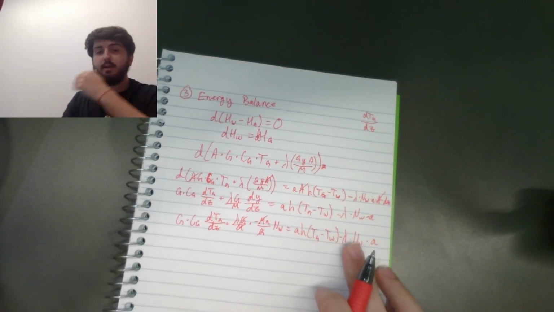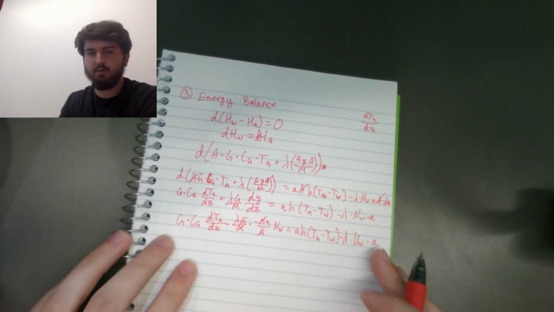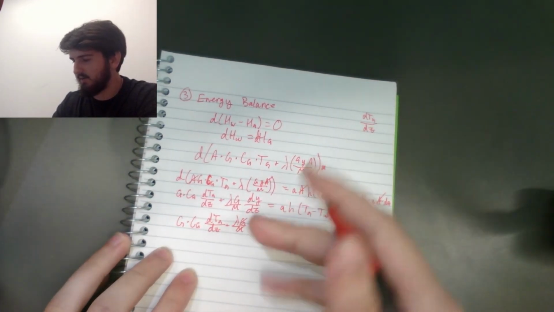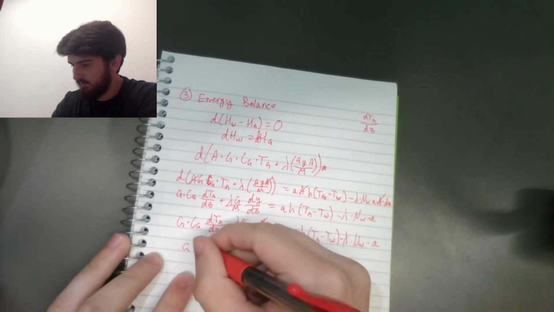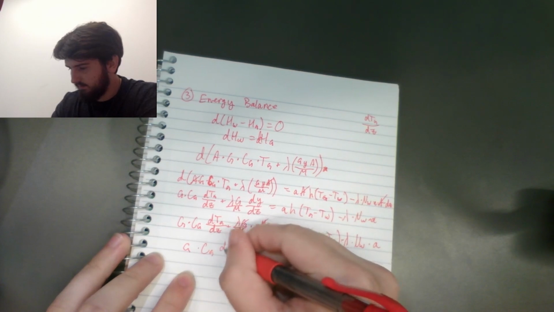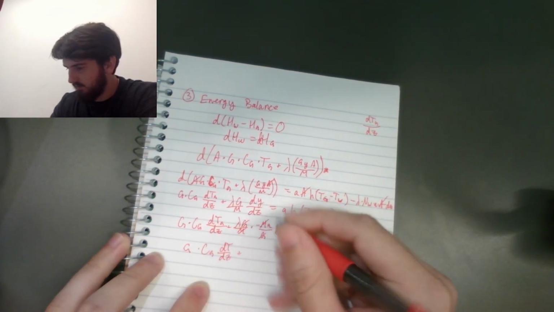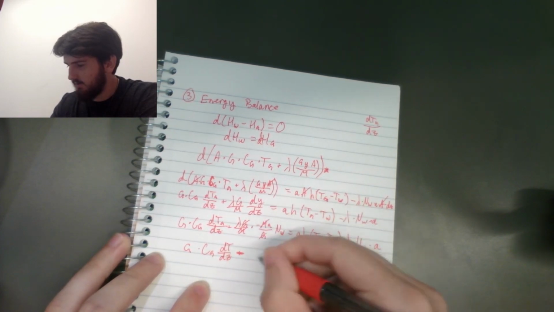So what we can see here is that, let me rewrite it again because it looks a little weird. I'm writing that as a minus now.